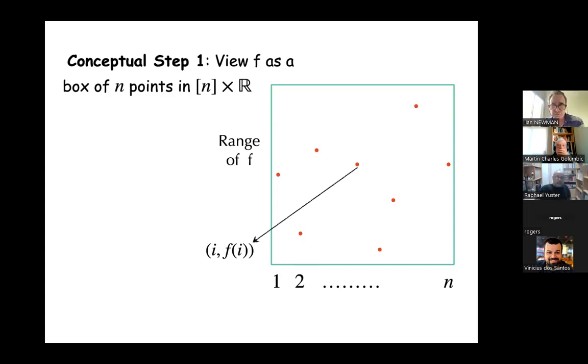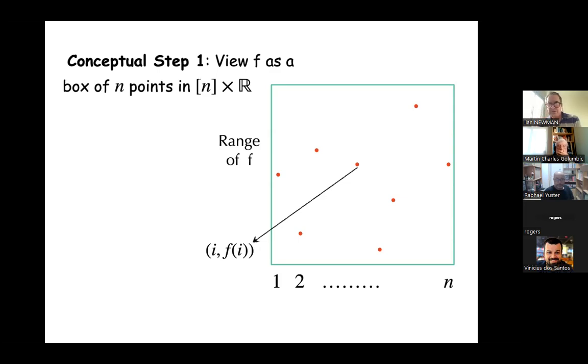Okay, so here is the conceptual first step. It's not an algorithmic step, but bear with me for a moment. Suppose that I knew the whole sequence. Suppose that I would read the sequence. Then I would be able to form the graph of the sequence, which is depicted here in this box.